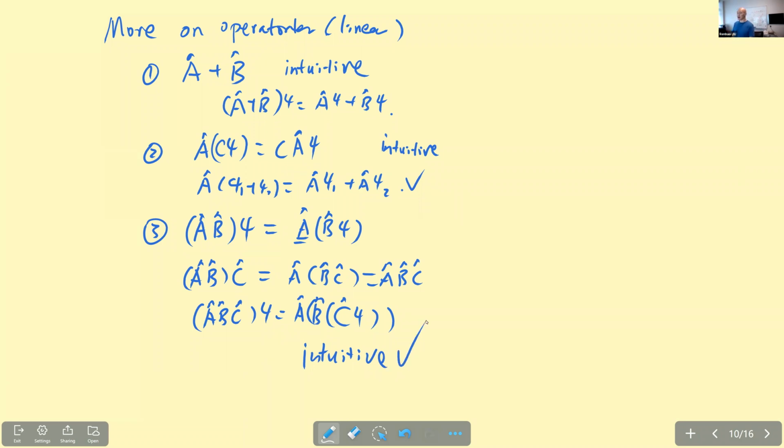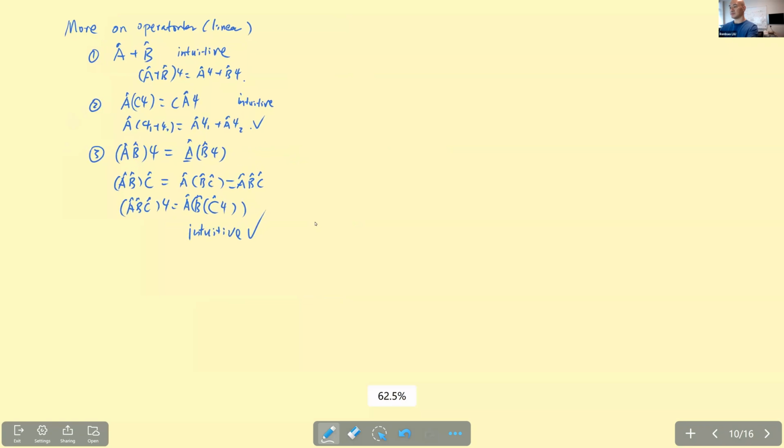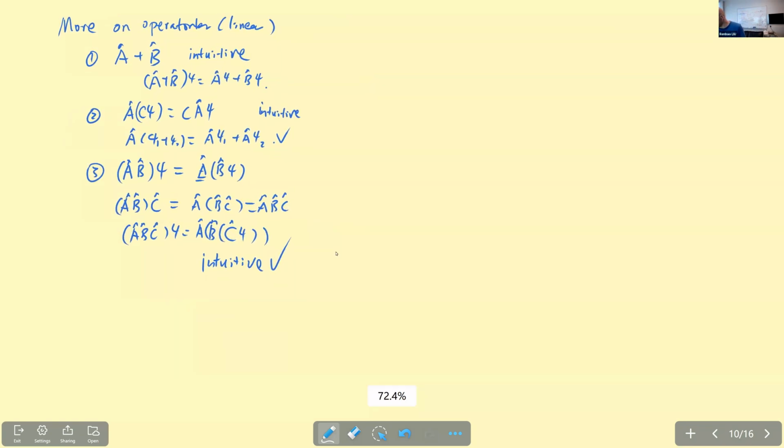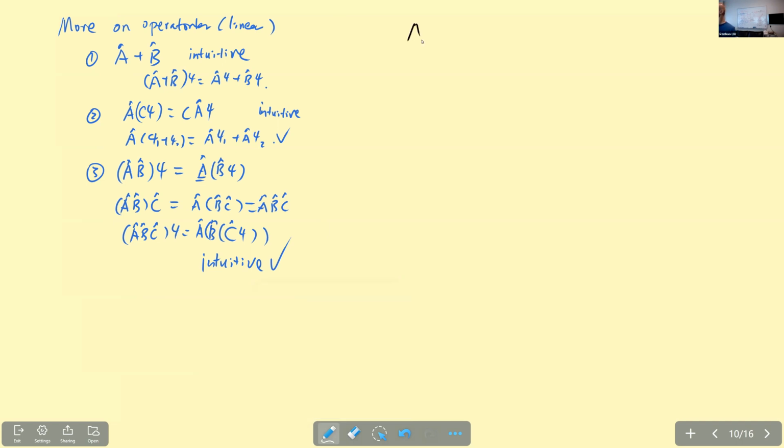But now let's take something not that intuitive. They are operators, not the usual numbers.